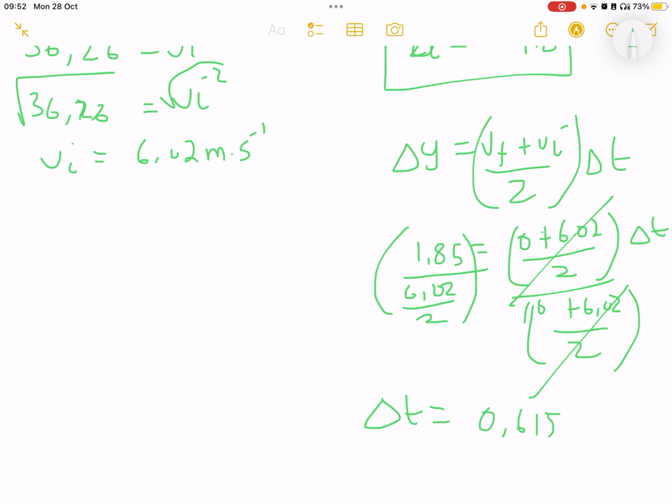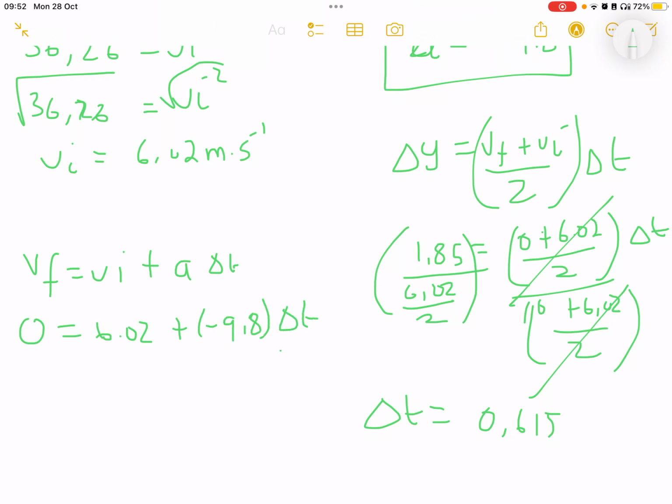We said there is another method that you can use, which will be using Vf equals Vi plus a delta t, whereby we are now using a. Here we have 0 equals 6.02 plus negative 9.8 delta t.